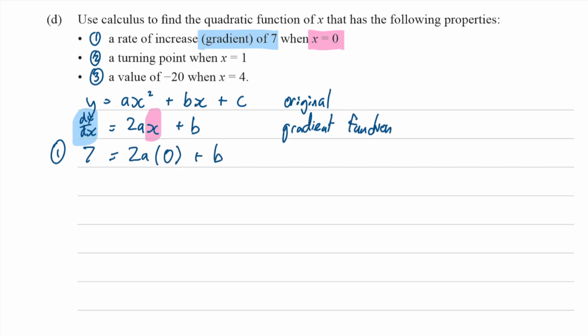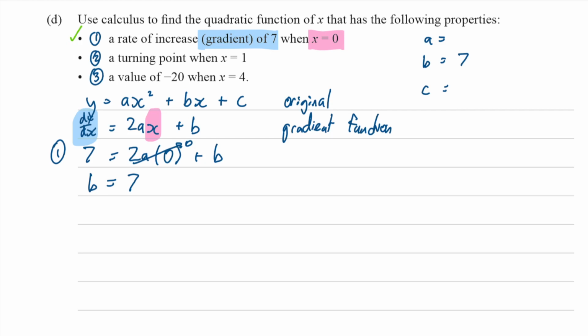And would you look at that? 2a times 0 gives 0, and we're left with b equals 7. Great, so let's just keep a summary up here. So b equals 7. So we're a third of the way there. And we've used the first bullet point.